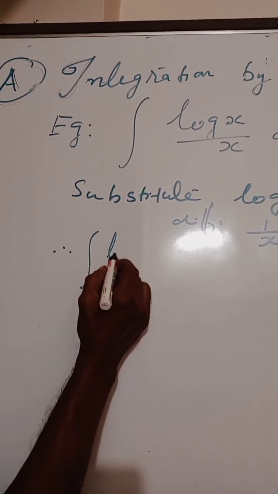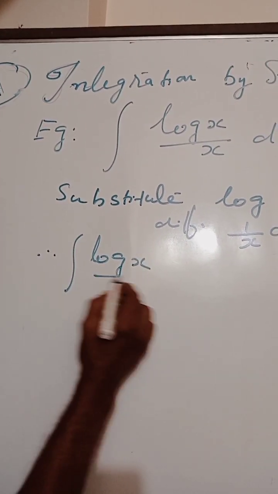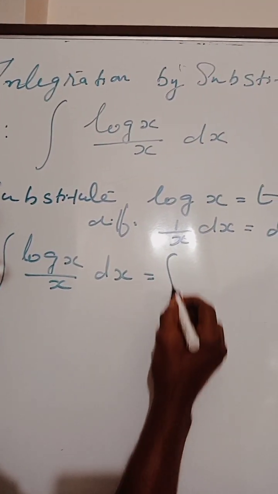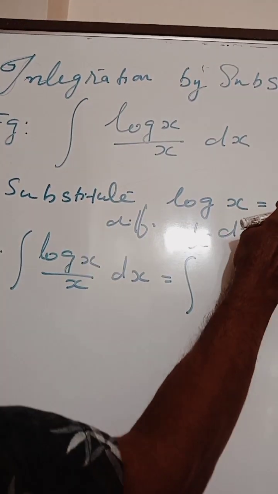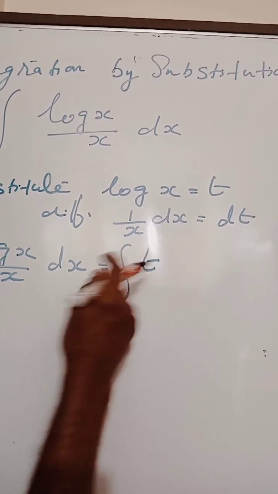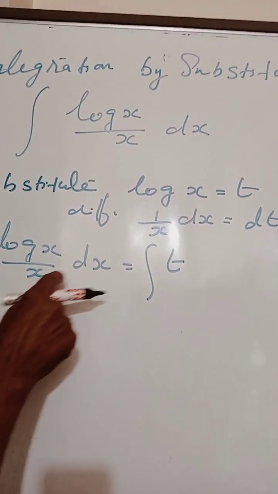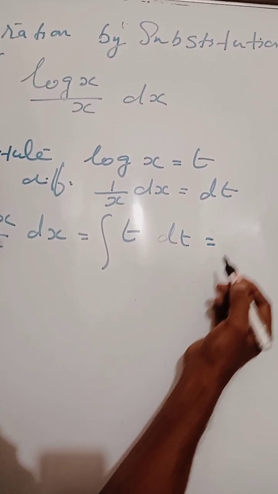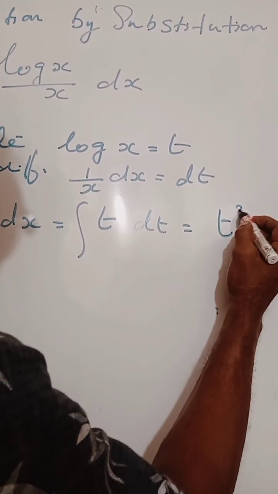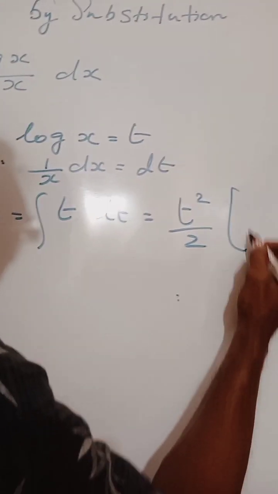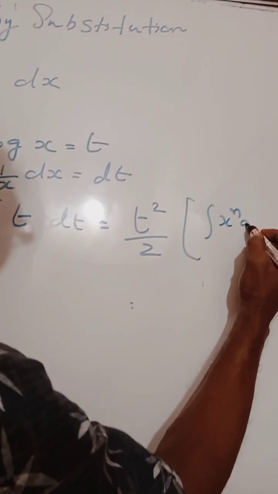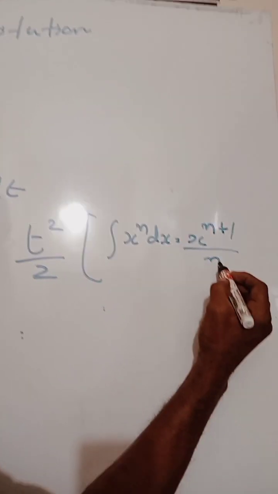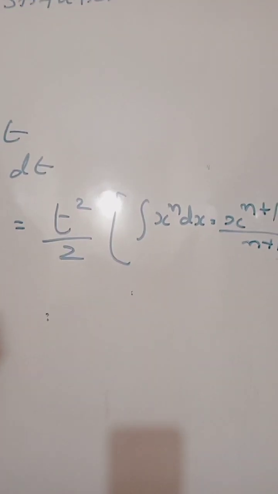Therefore, integration of log x by x dx is equal to, instead of log x we put t, instead of 1 by x dx we put dt. This is equal to t square by 2, since integration of x raised to n dx is equal to x raised to n plus 1 divided by n plus 1.